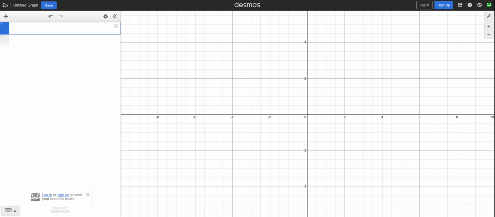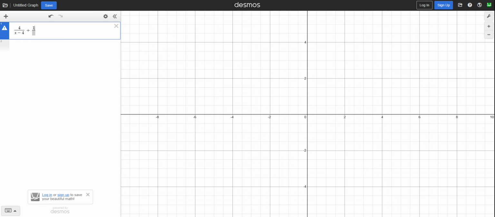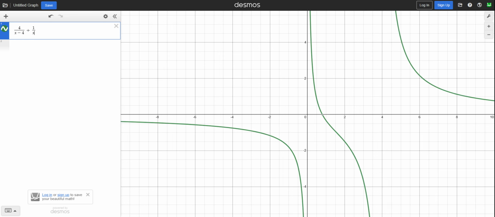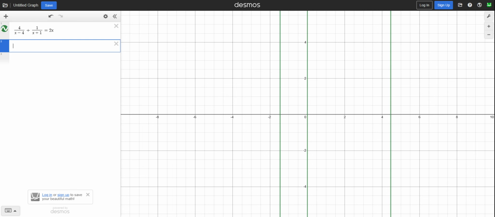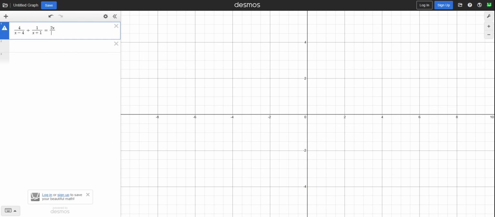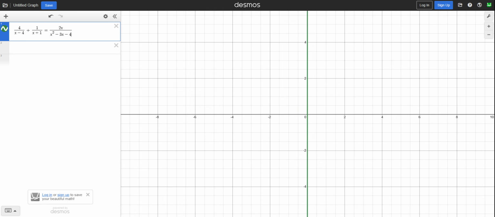So, number next, fraction bar, 4 divided by x minus 4. Let me get this in here. x plus 1 equals 2x. Whoops. x squared minus 3x minus 4.